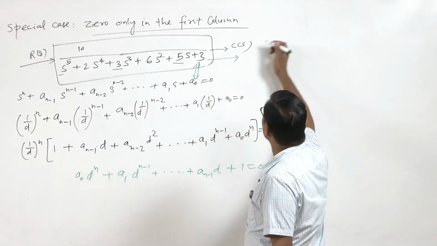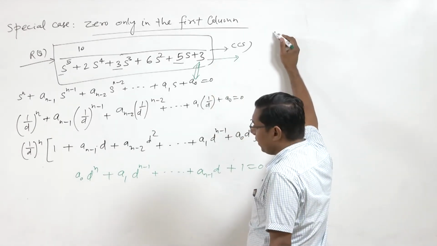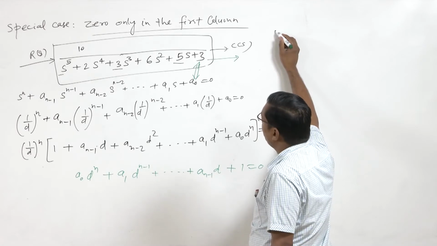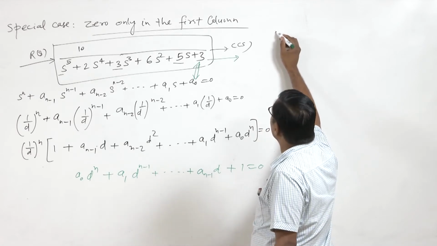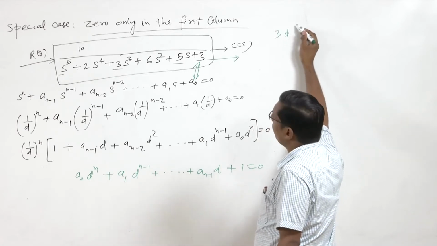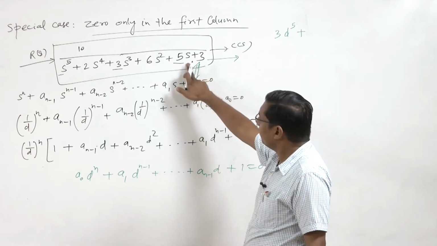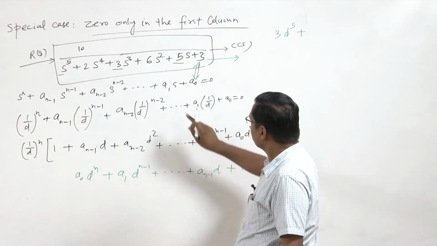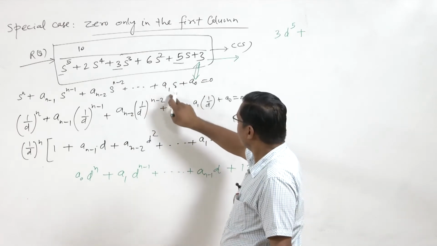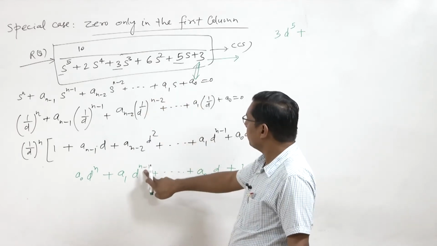So we can write the polynomial as 3 times d power 5 plus the next term, s power 1, that is a1, is getting d power n minus 1.